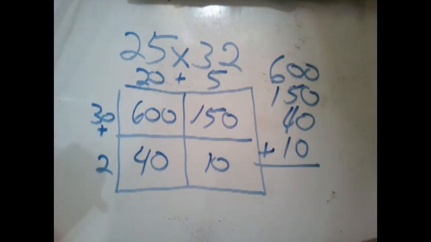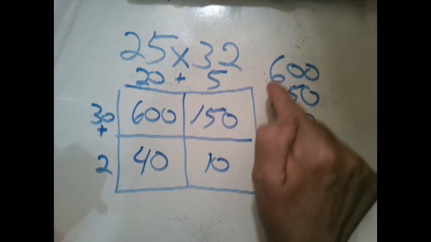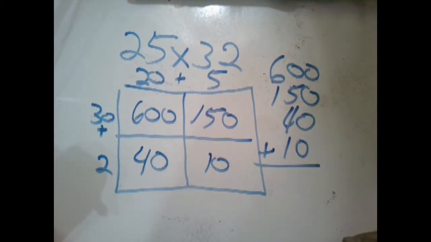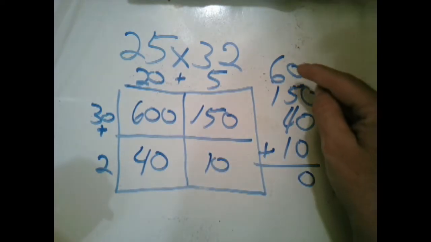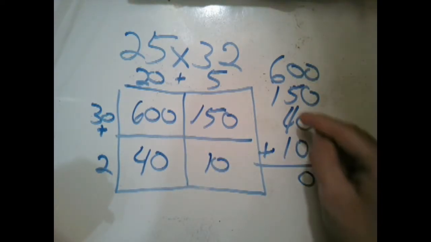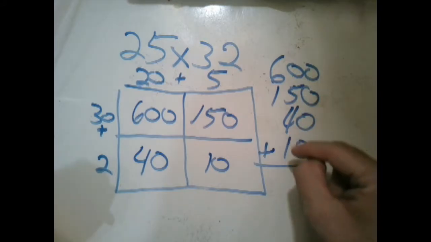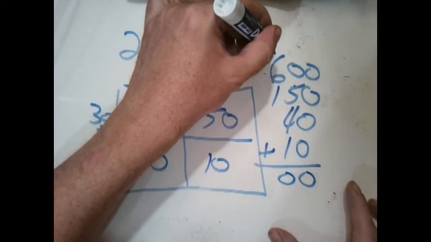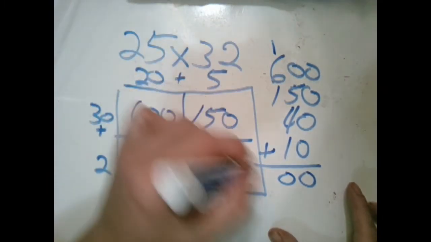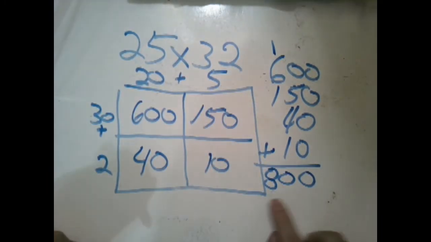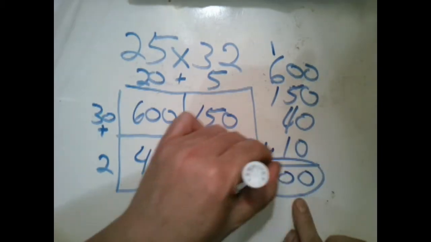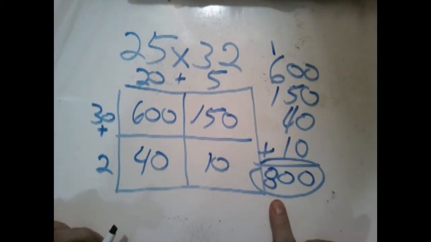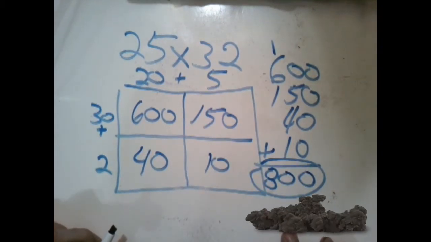Make sure they line them up correctly, because if you put the 10 under the hundreds, it's going to give you a different value. So 0, 0, 0 plus 5 plus 4 plus 1, that's 10. I carry the 1. 1 plus 6 is 7, plus another 1 is 8. So 800 is my answer for this multiplication problem.